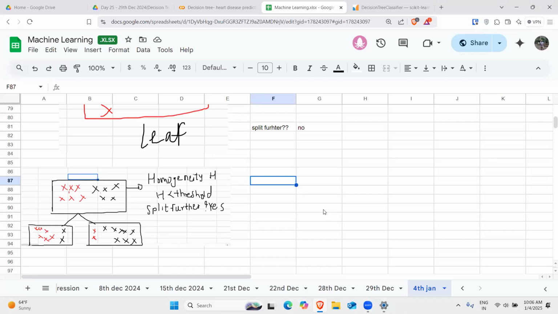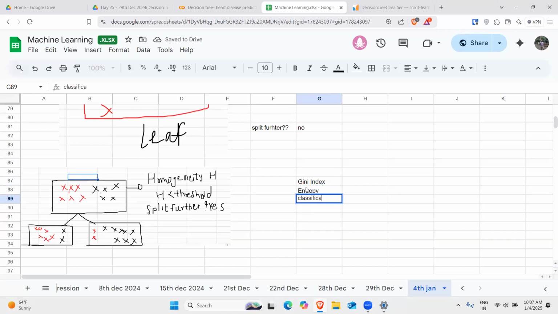So having understood the concept of splitting, we are going to discuss measures of homogeneity. We will learn how to use specific methods to measure this homogeneity quantitatively. This is a qualitative analysis, and the measures to count homogeneity are the Gini index, entropy, and classification error.